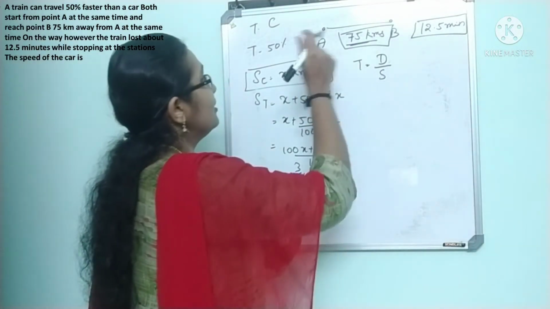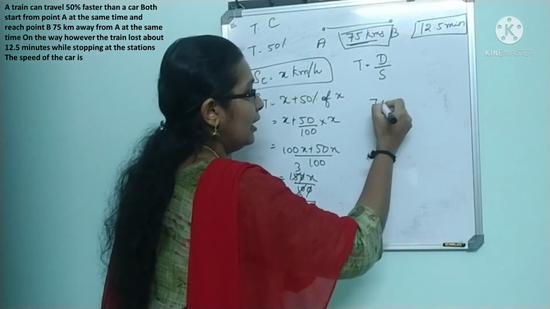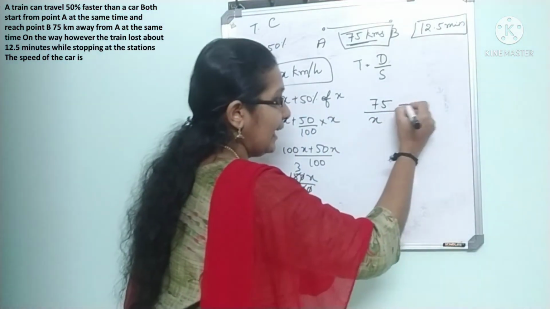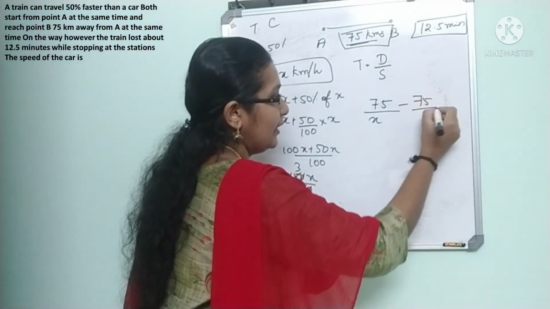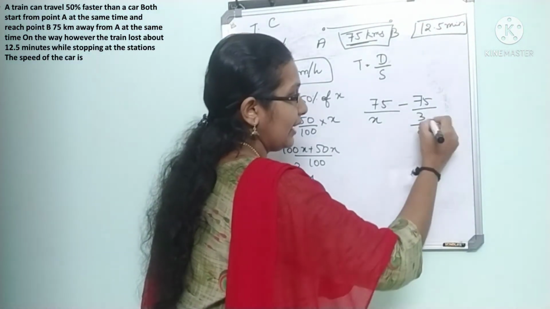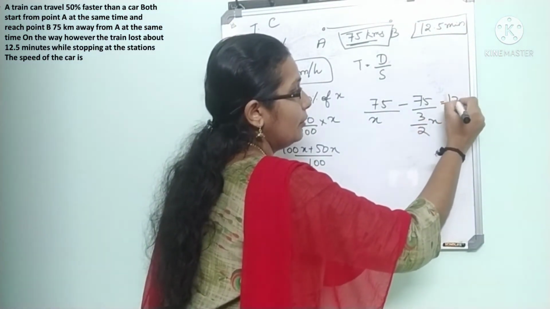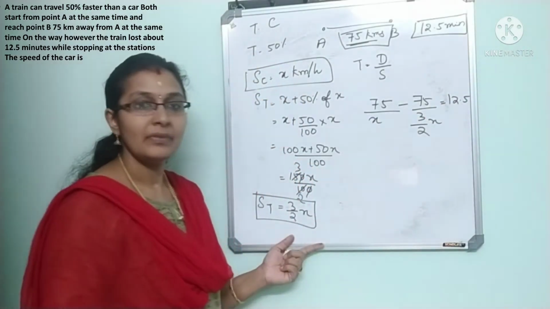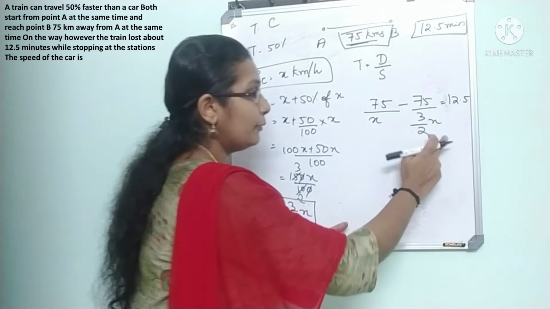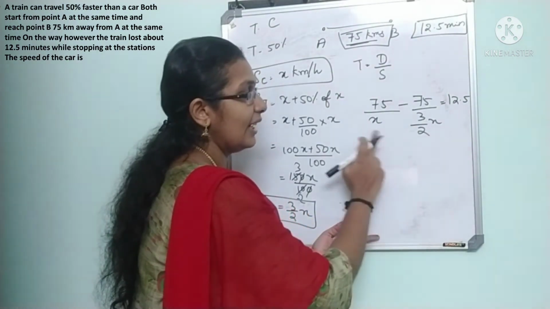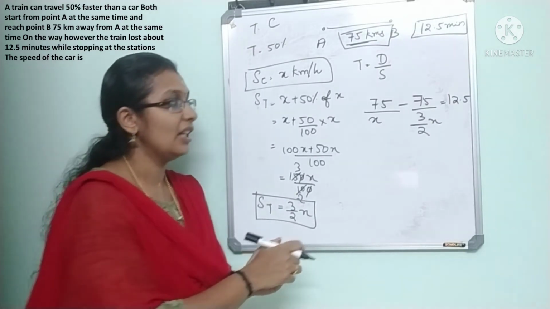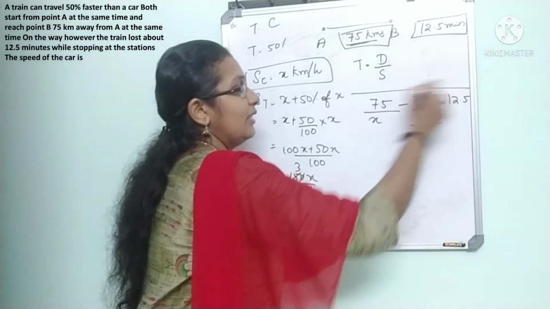So distance is 75 divided by the speed of the car, x, minus 75 divided by the speed of the train, 3 by 2 x, which is equal to 12.5. Clear how I wrote this? See, the difference between these two is nothing but 12.5 minutes. That is why I equated the timing.